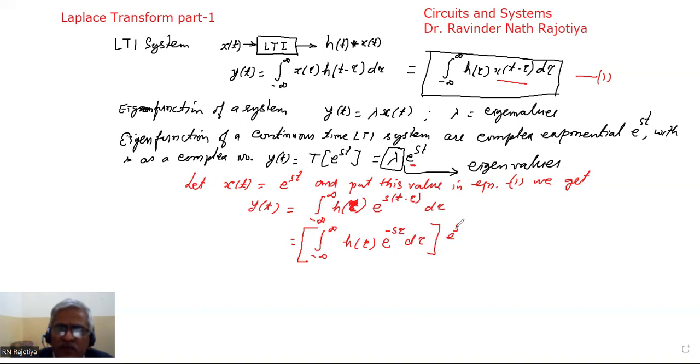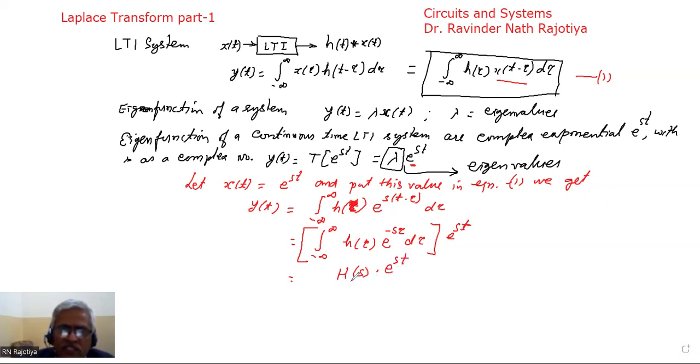This is the solution if you take x(t) equal to e^(st) and put it in equation 1. So I let the integral part equal H(s), some constant value where s is a complex number, times e^(st).